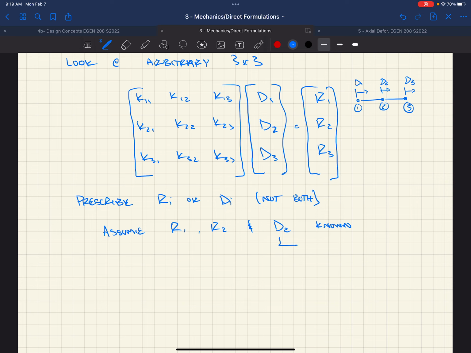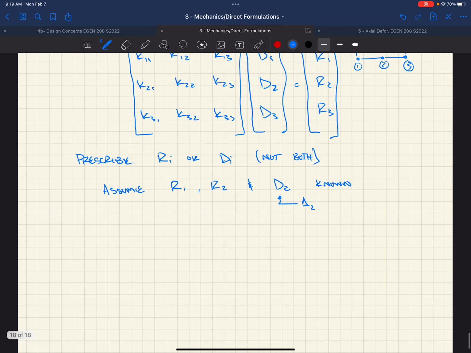D2. Those are forces, not reaction forces. And if that's the case, knowing that we prescribe one and not the other, that means D1, D3, and R3 are unknown.